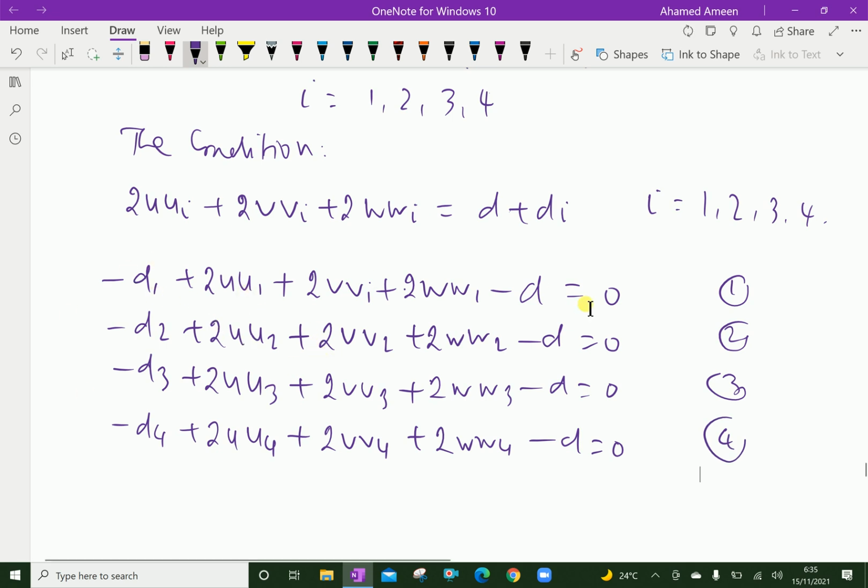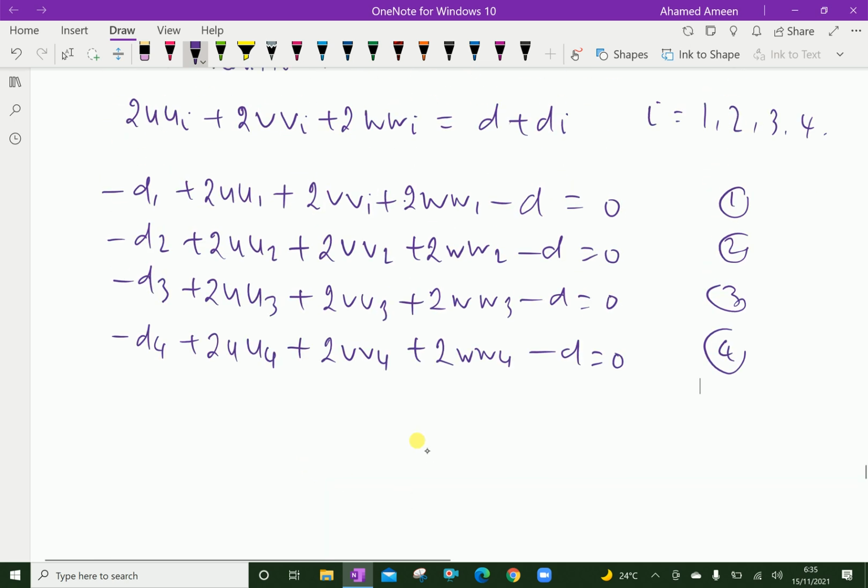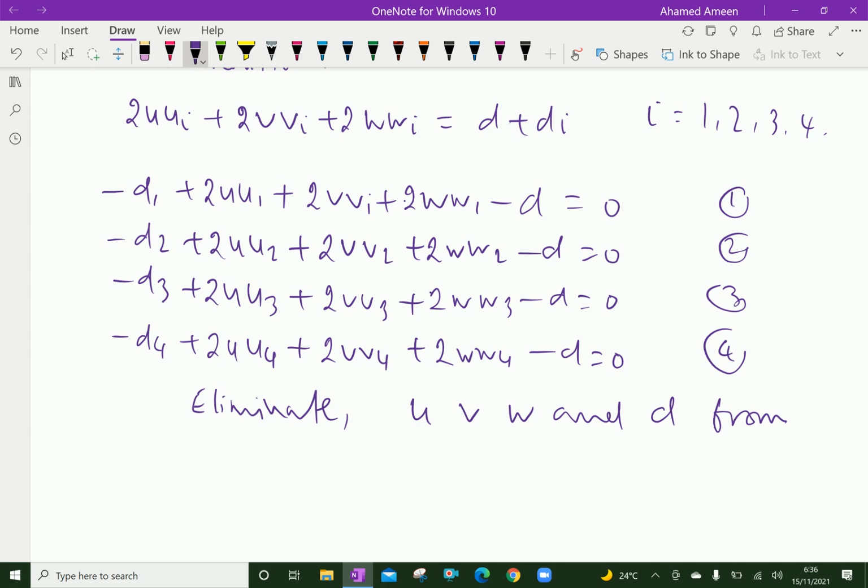With these four equations, we can find the general condition for these four spheres to cut orthogonally with the original given sphere. That means we have to eliminate u, v, w, and d from the above equations 1, 2, 3, and 4.